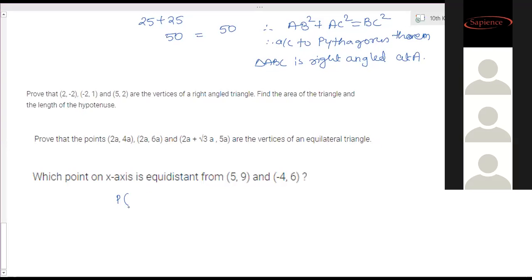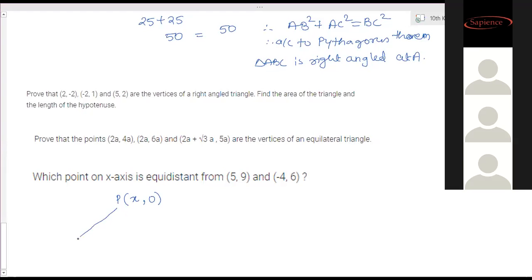If it is a point on x-axis, what will be the coordinates? Any point on x-axis is (x, 0). The y coordinate is always 0. And x coordinate has some value, that we don't know, so we will consider it x.